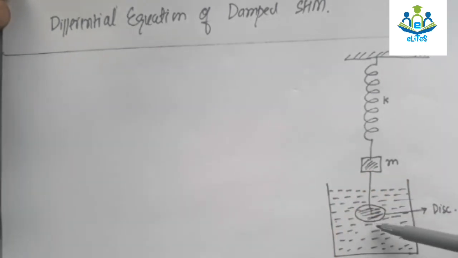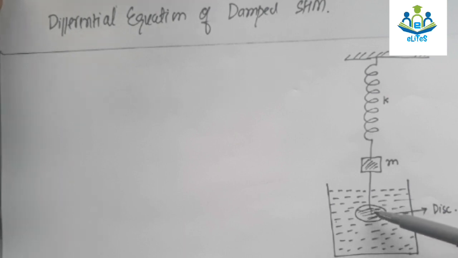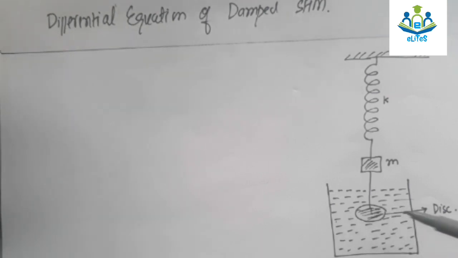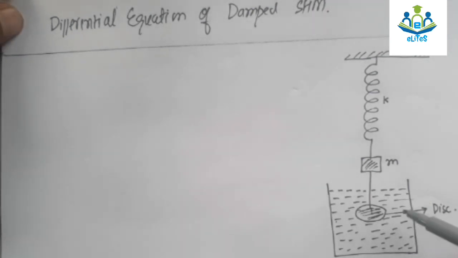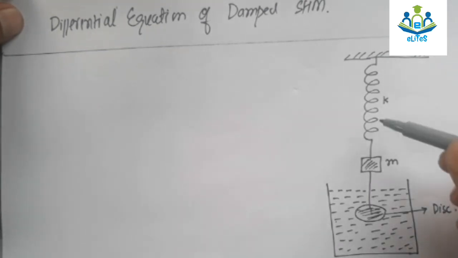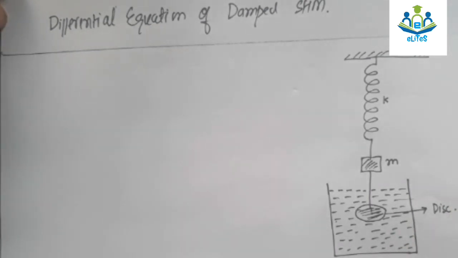When the disc moves up and down in the liquid, a viscous drag acts on it and also on the mass system. The forces acting on the system are the restoring force and the frictional force, while it is oscillating in this liquid.